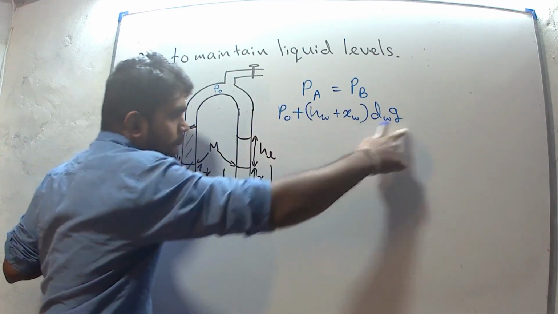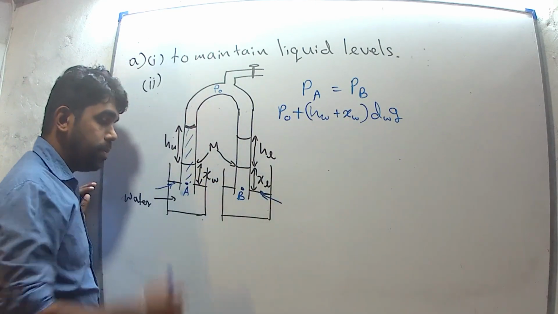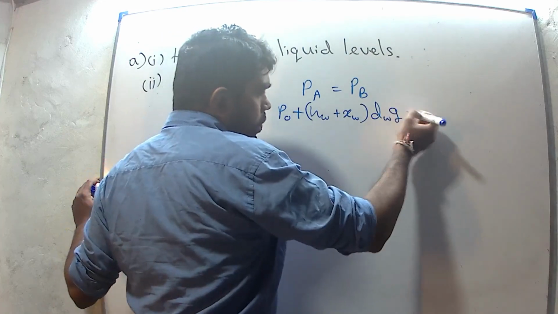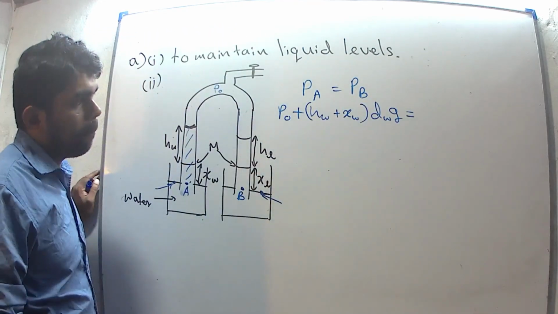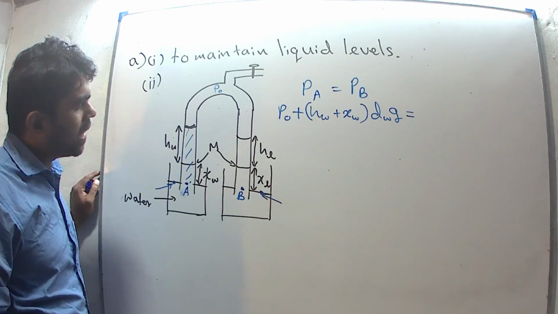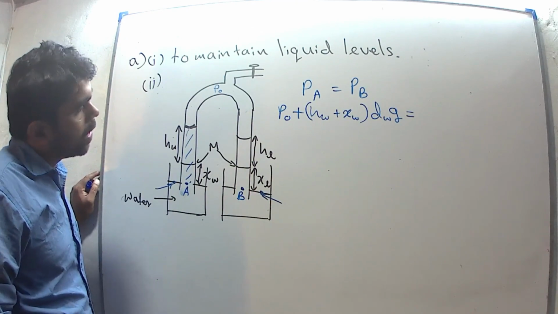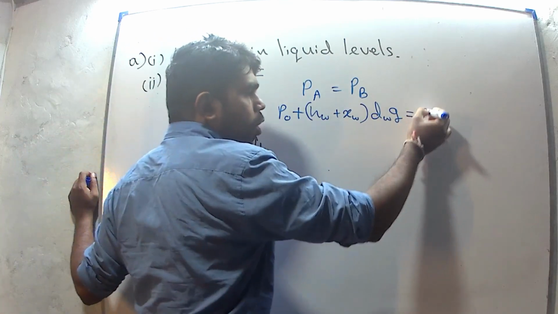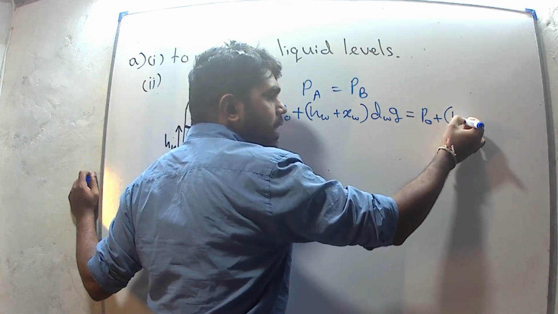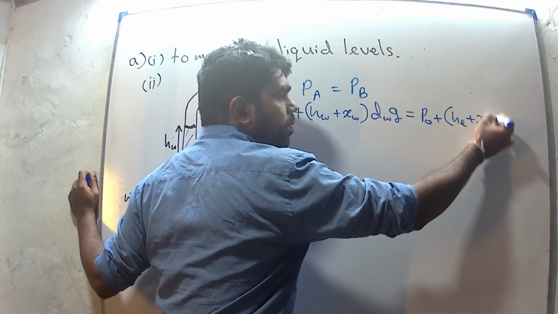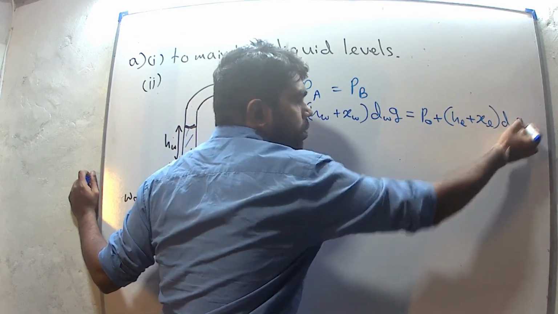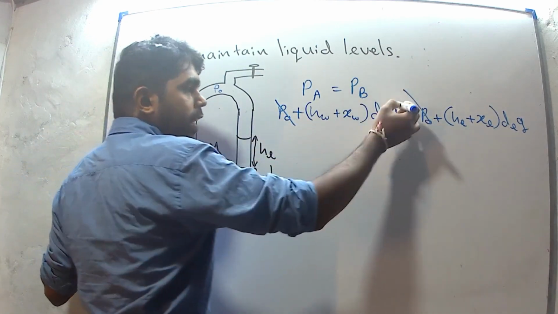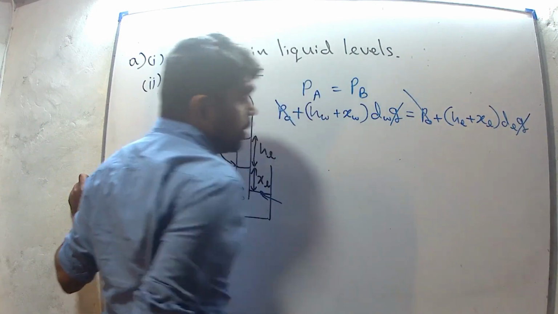Then this expression represents the pressure at point A. It should be equal to the pressure at point B. Then pressure at point B is P naught plus HL plus XL times dL g. Now we can cancel out P naught and P naught. Then we can cancel out g and g.